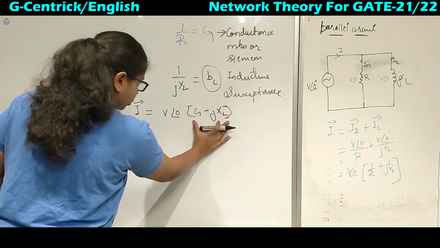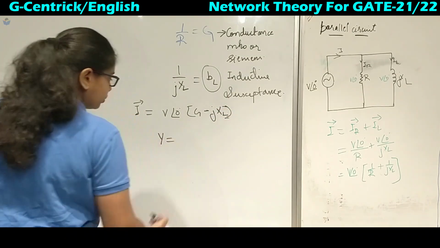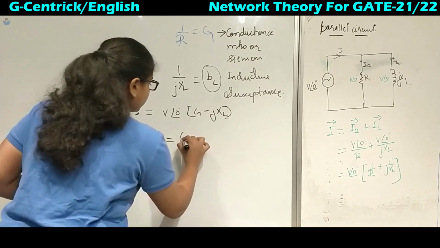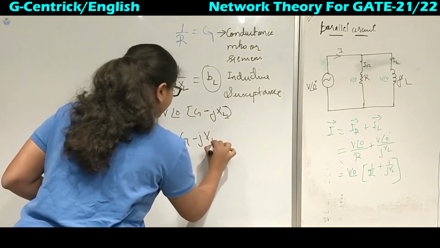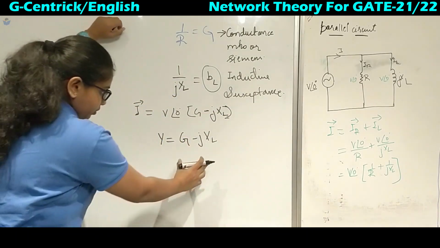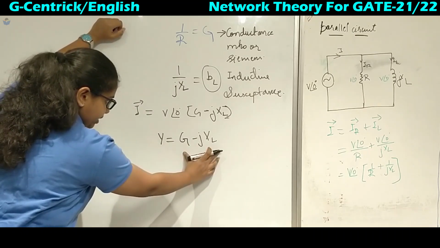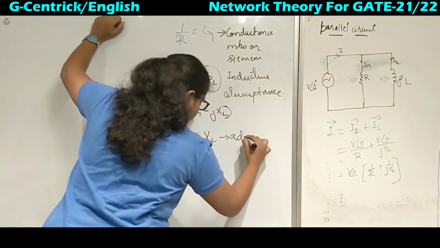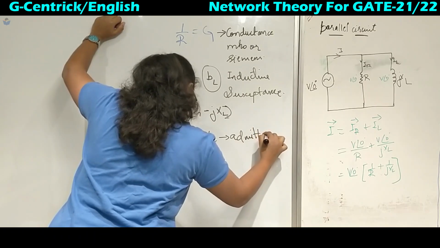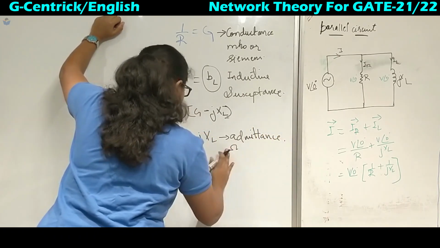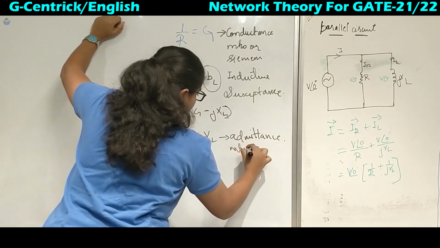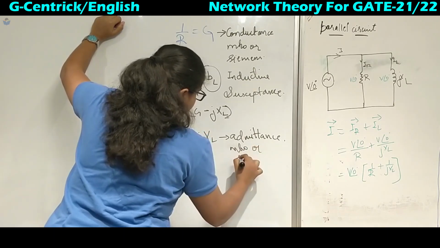Now this whole term is called Y, one more term introduced. So Y is G minus jBL, and we call it admittance. Its unit is mho or Siemens.